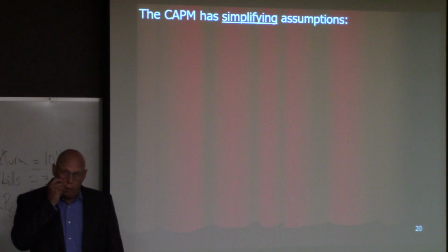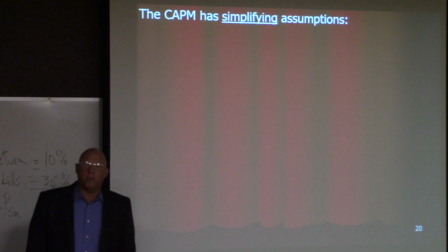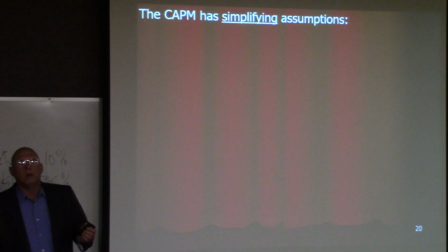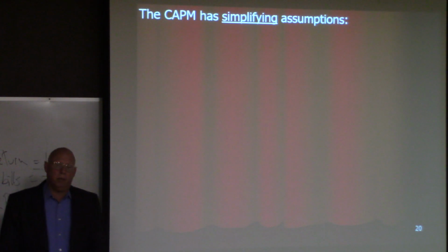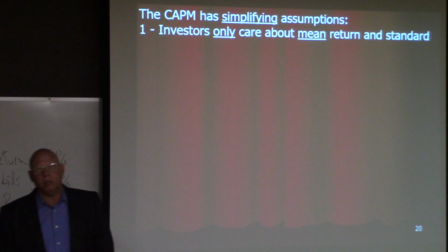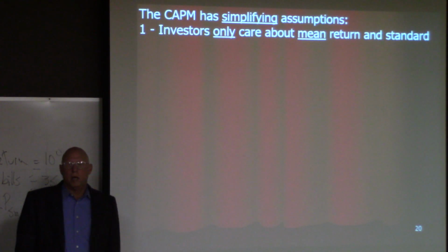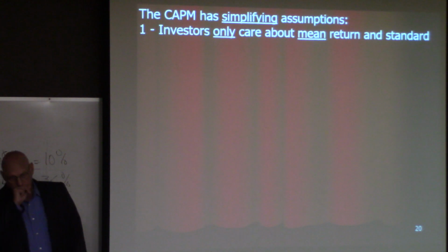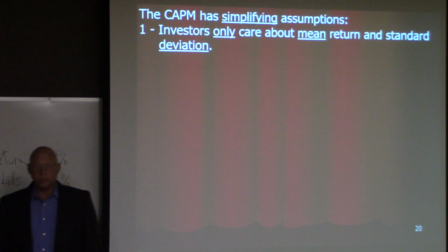All right. The CAPM, in order to use it, there are some simplifying assumptions. All theories have assumptions behind them. All right, so let's look at the simplifying assumptions related to the CAPM. First, there is an assumption that investors only care about the mean return, the average return, and standard deviation.